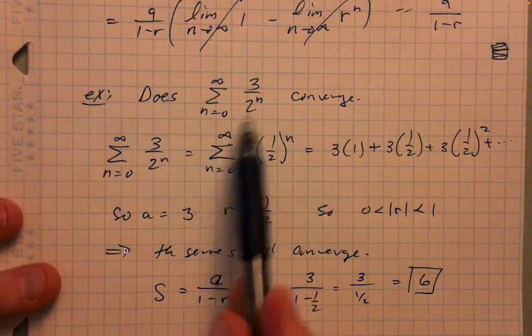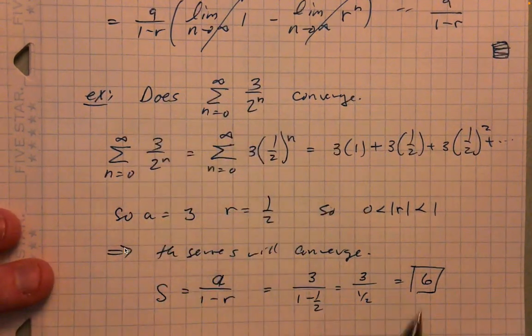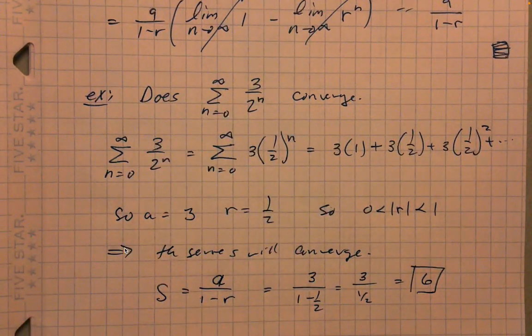So this series converges to 6. The sum of this infinite series is 6. Very cool.